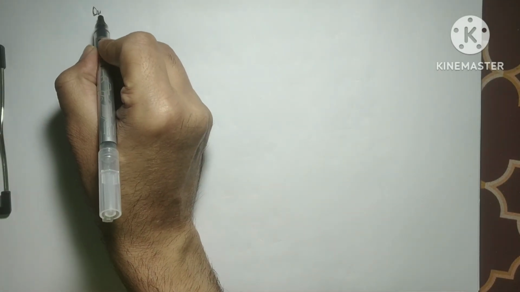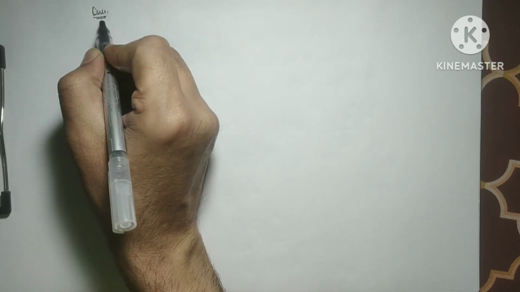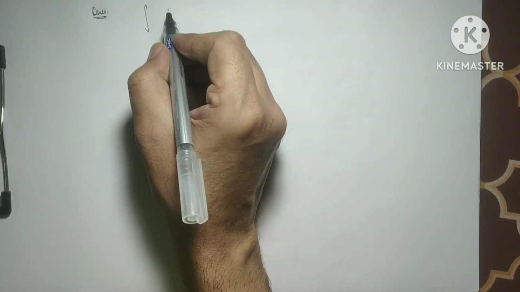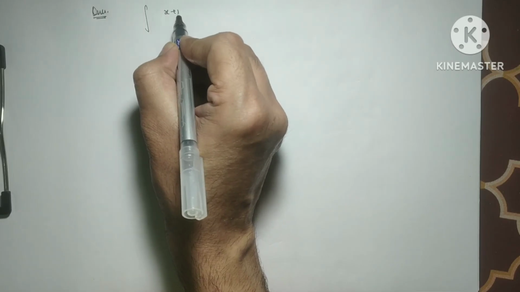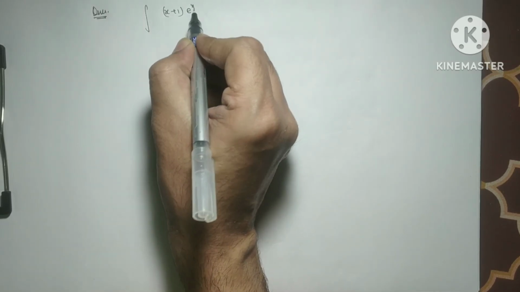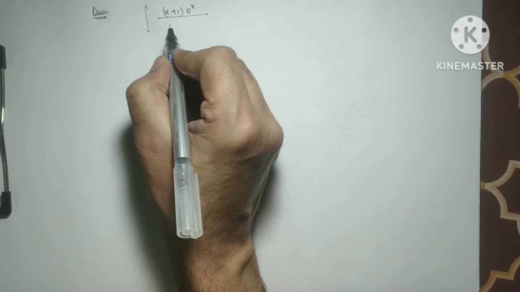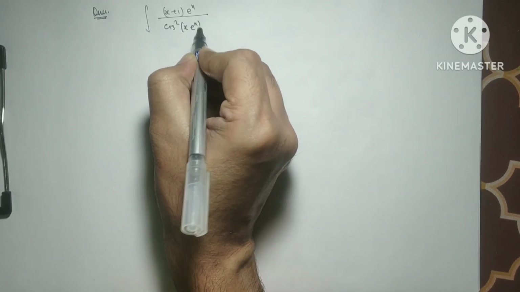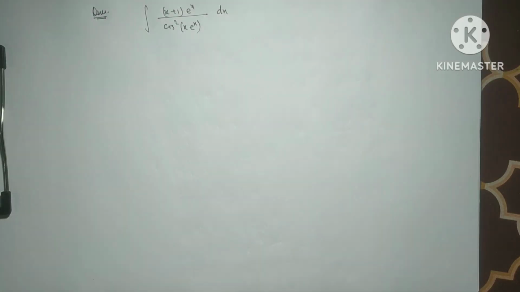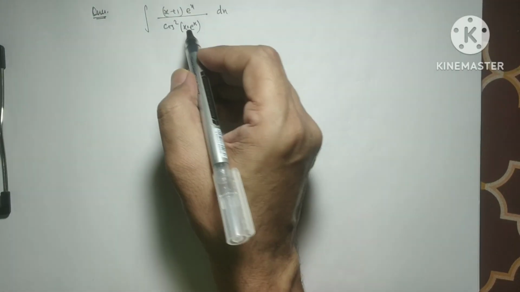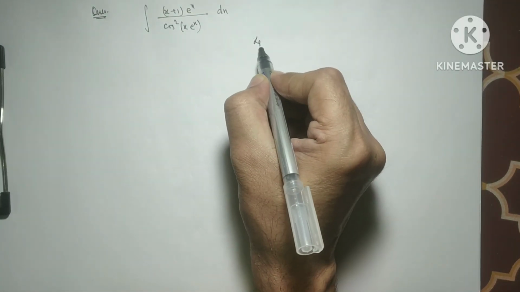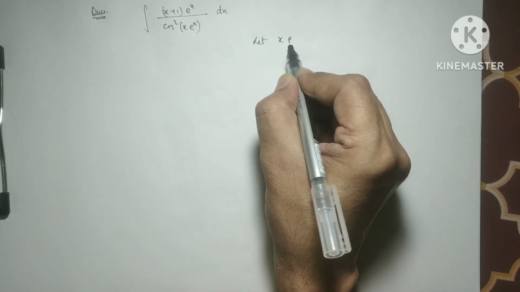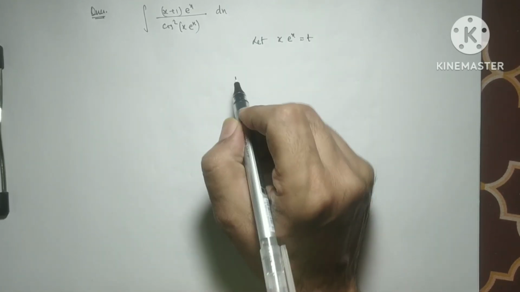So this is the answer. Now next question. It is the integral of (x plus 1) into e to the power x over cos square (x e^x) dx. Now we consider this angle of cos as t. x into e to the power x is t.